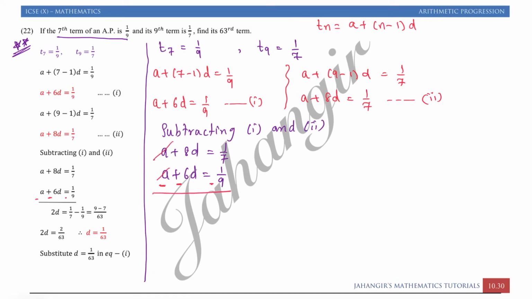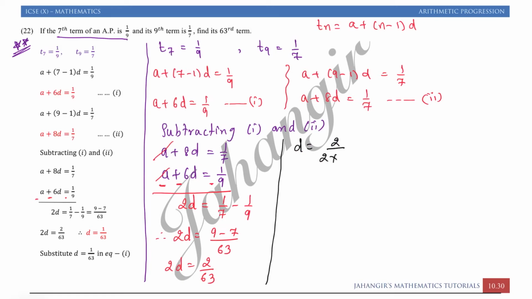So cancelling a and a, you get 0a, that is gone. 8d minus 6d, that is 2d, which is equal to 1 by 7 minus 1 by 9. So therefore 2d is equal to (9 minus 7) upon, take LCM, 63. 2d is equal to 2 upon 63. So therefore d is equal to 2 divided by 2 into 63, that is equal to 1 by 63.